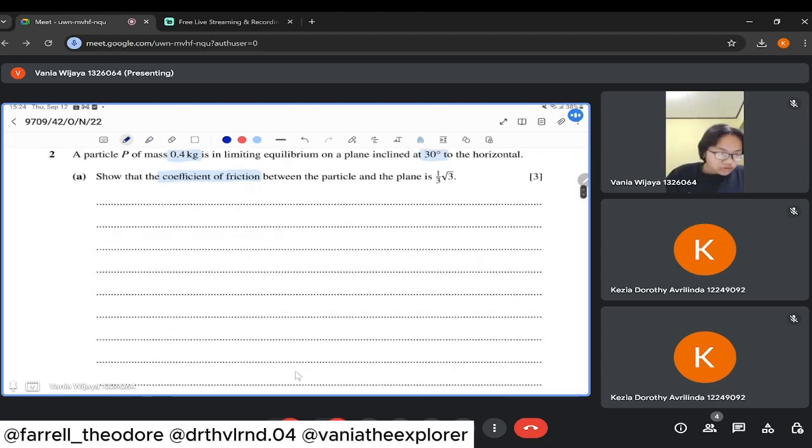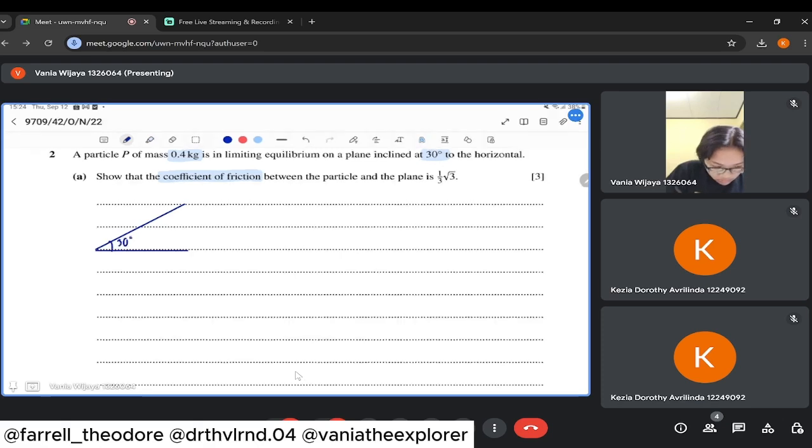First of all, to make it easier, we can draw a diagram. Here is the particle of mass.